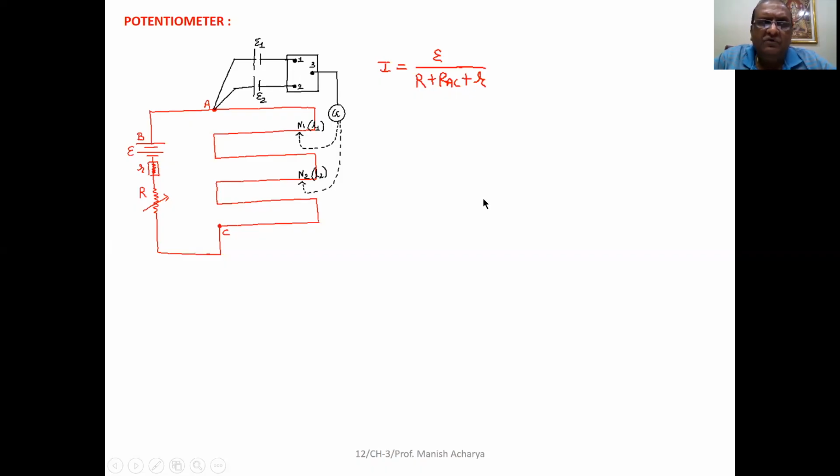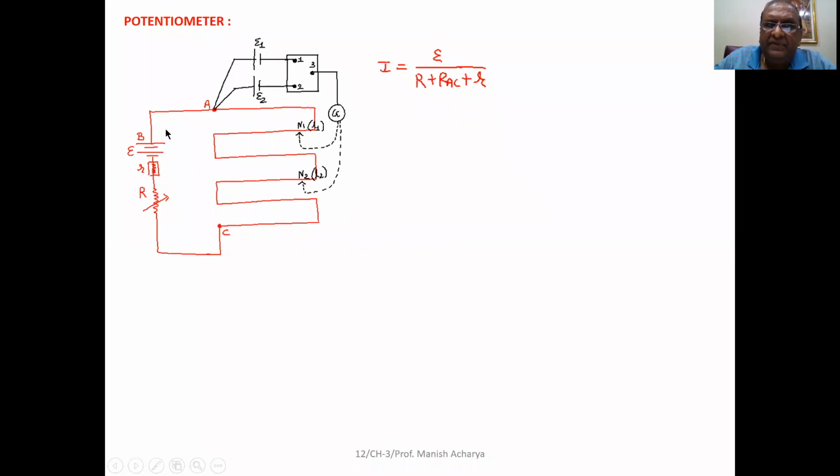Now here, first of all, we have to calculate the potential gradient for the potentiometer wire. Potential gradient is nothing but the potential difference per unit length of the wire. But to find out the potential difference per unit length of the wire, first of all, we have to calculate the current constituted in the circuit.